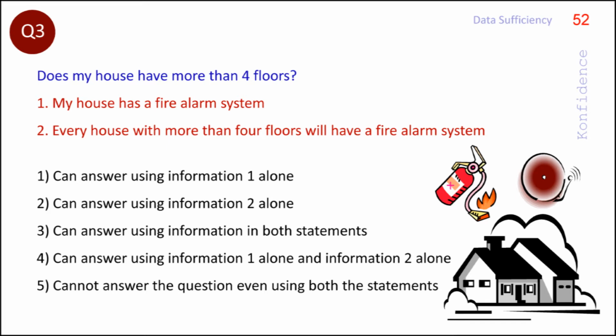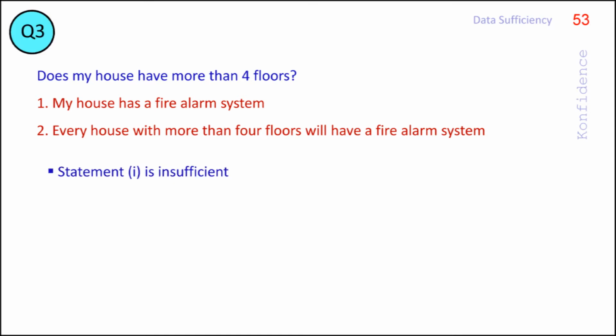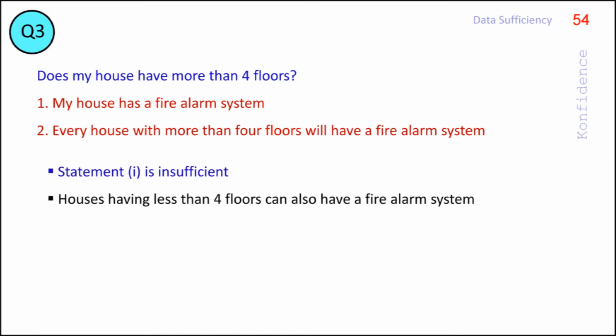Now, let us clearly understand the statements. The first one is very clear. The second one is the problem. It states that each and every house with more than 4 floors will have a fire alarm system. It does not say that houses with less than 4 floors will not have a fire alarm system.